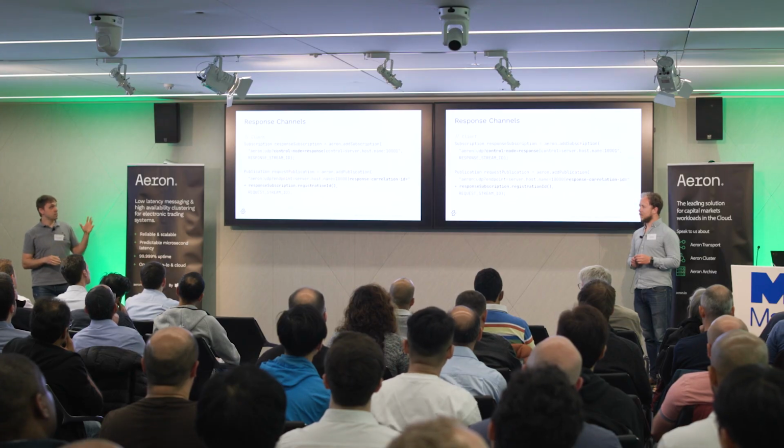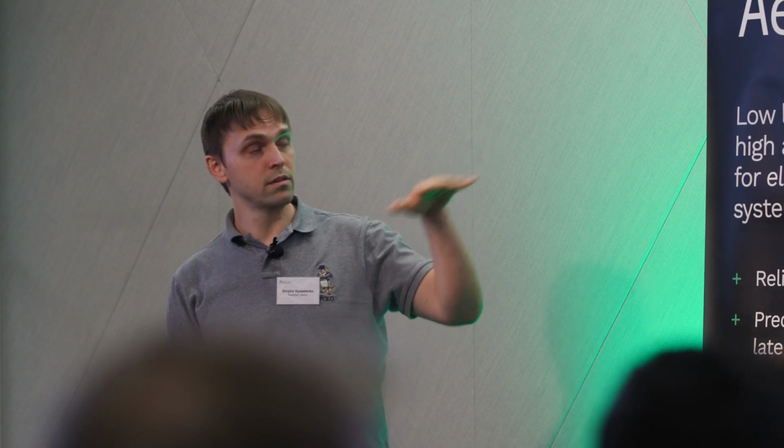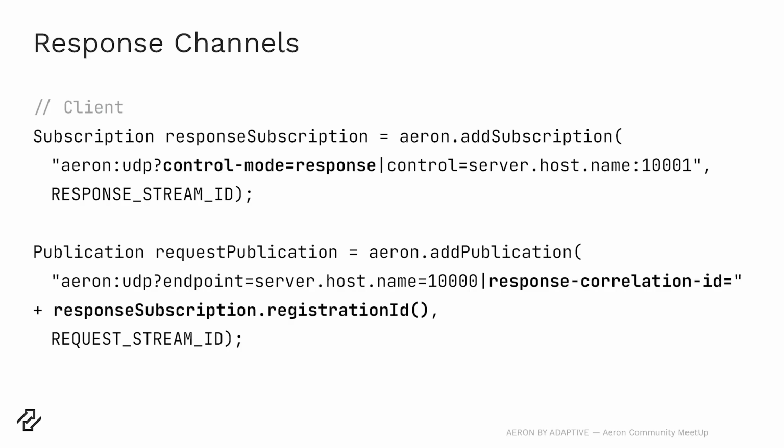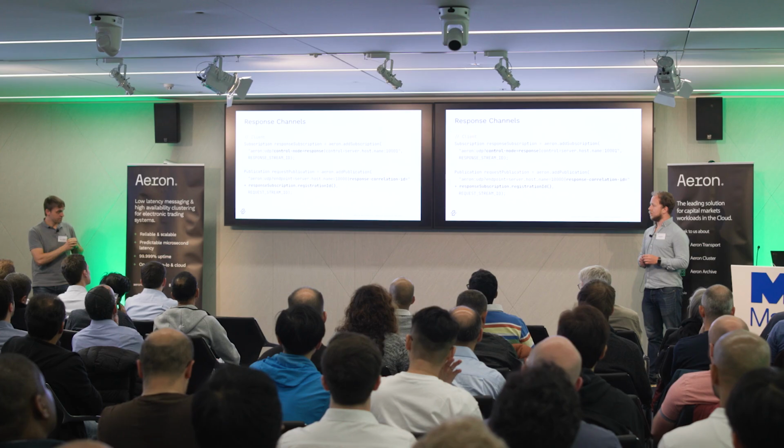This is a special response mode. So it has to say, okay, there is a server port, there's somebody listening to that, and I'm connecting to the stream. And on the publication side, it uses the information from the subscription, passed through the response correlation ID parameter, so that the media driver connects the two.